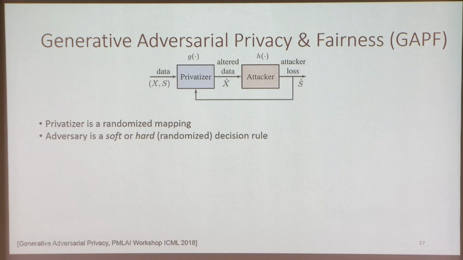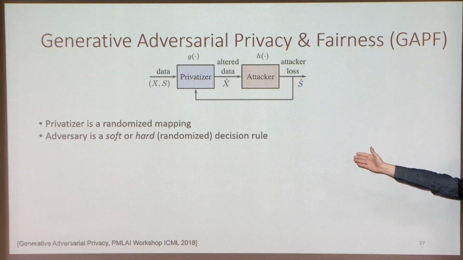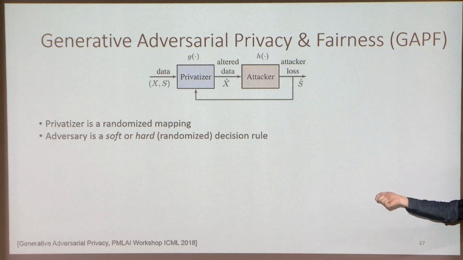And so we're going to view it as, again, a game between two players. The first player here is this decorrelator, and the second player is some attacker. The task of the decorrelator is to create the representation x hat that hopefully decorrelates x hat from S. And then the attacker tries to look at this representation and guesses the sensitive attributes. It produces S hat.